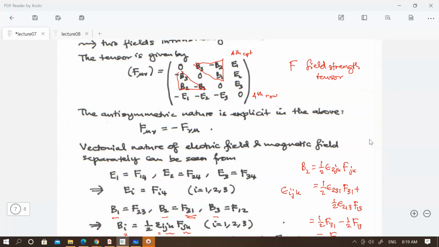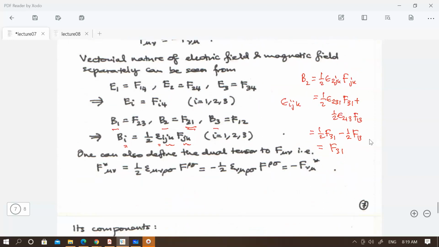And one can actually switch the roles of your electric field and magnetic field by defining what is called a dual tensor to this field strength tensor, which is denoted with this asterisk or star on top, showing it is the dual of that.